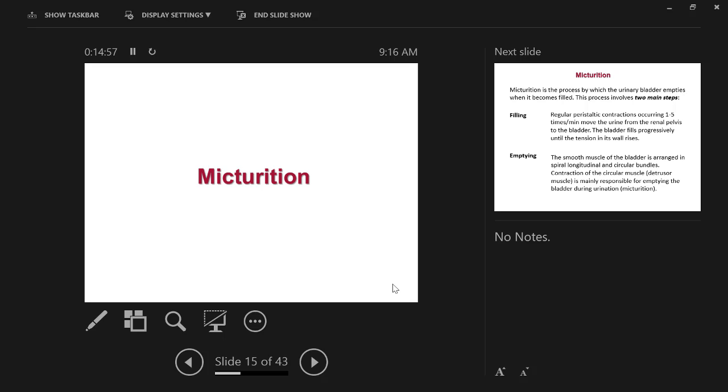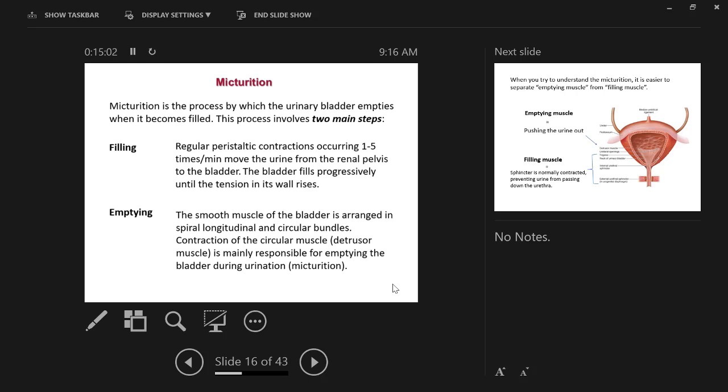Micturition is the process by which the urinary bladder empties when it becomes filled. And there are two different steps. The first one is filling, which means that regular peristaltic contractions occurring 1 to 5 times per minute move the urine from the renal pelvis to the bladder, and then the bladder fills progressively until the tension in its wall rises.